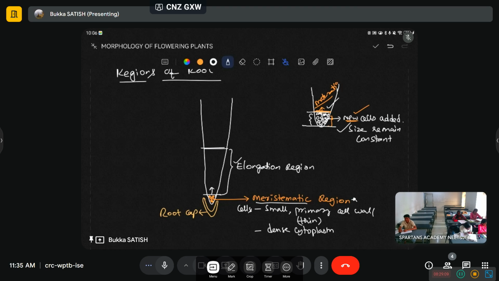Right? Can anyone tell the technique which is used to understand this differential growth? How do you know that growth is present only in this region, not in the other parts? What is the technique that we have discussed? What line?